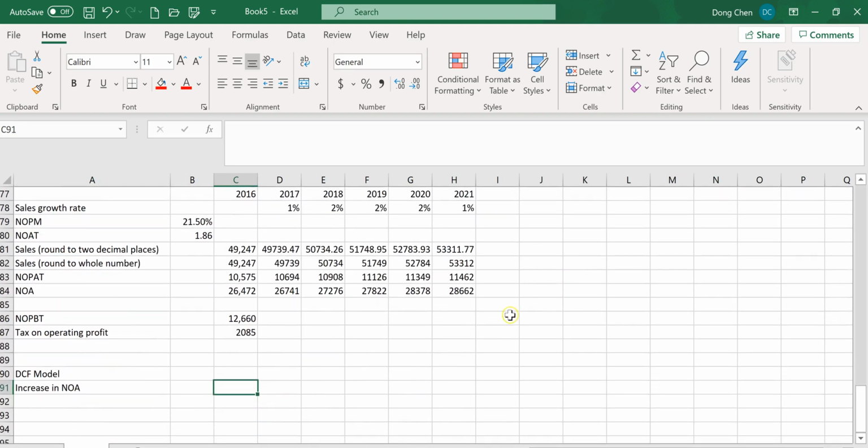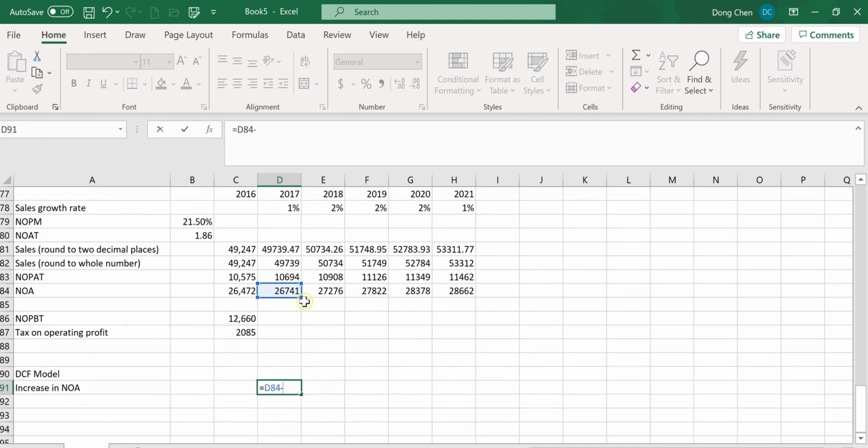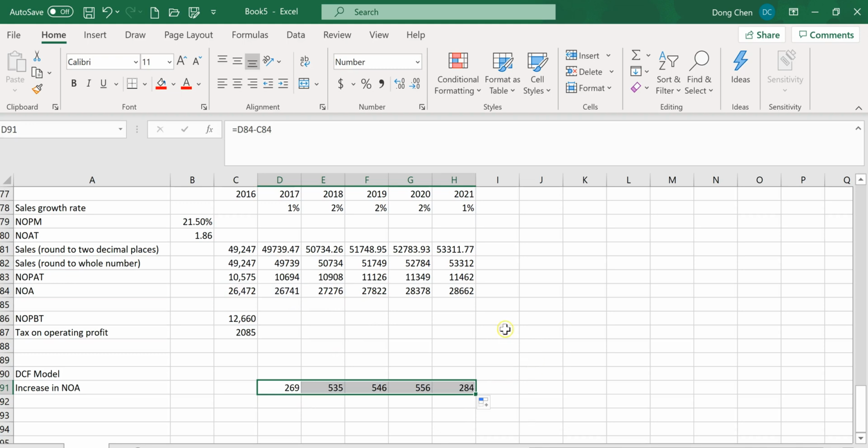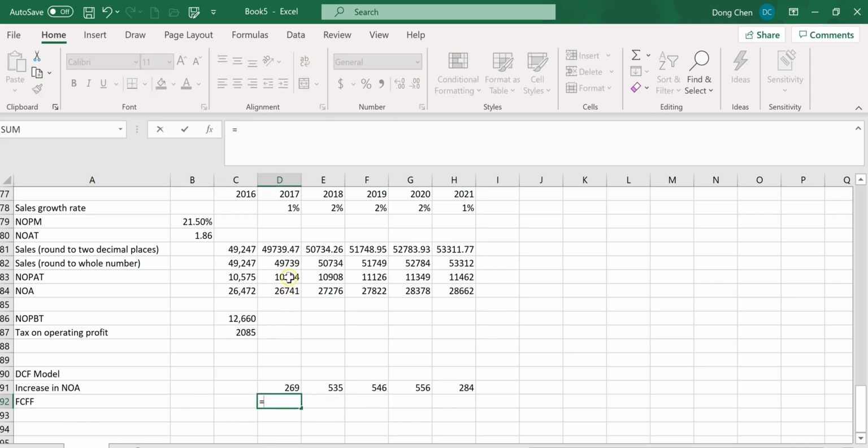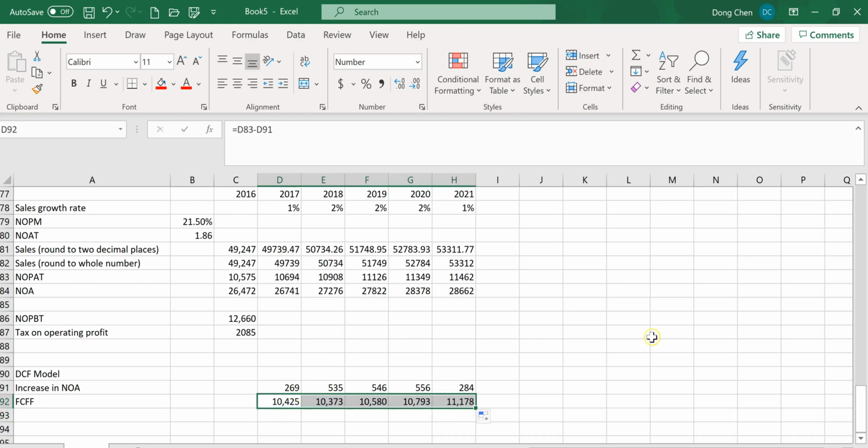We start from 2017, so it's the 2017 value minus the 2016 value. Then we can pull all the cells to the right until the terminal period. Now I can calculate FCFF, the free cash flow. This is basically the NOPAT minus the increase in NOA, and pull all the cells to the right.